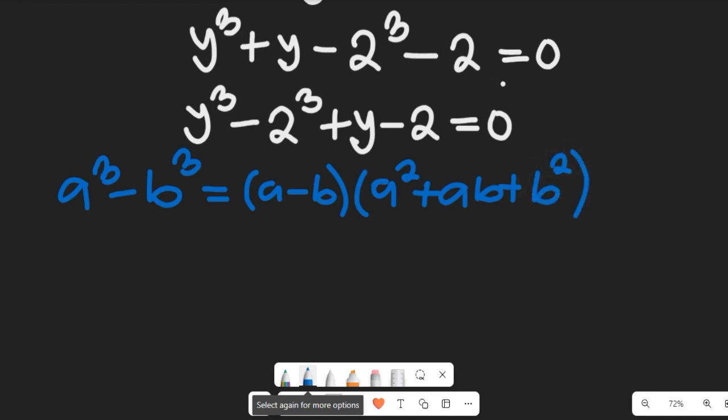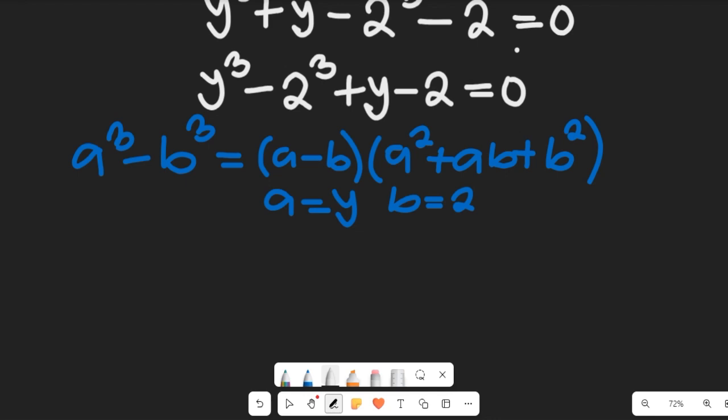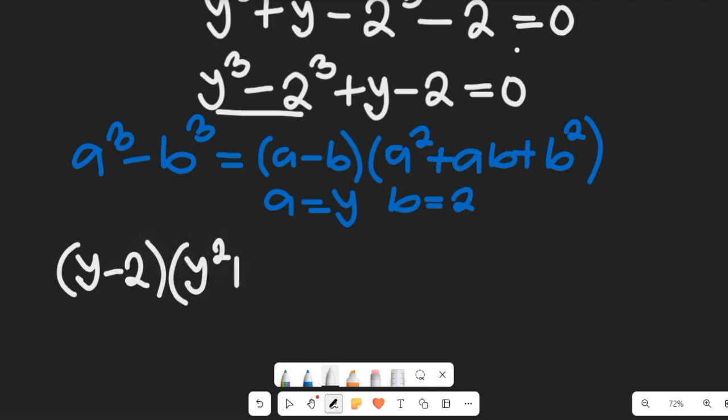Now if I compare this with this expression, we find out that my a is equal to y, and then my b is equal to 2. So if we apply this in the expansion, that expansion is now going to give us y minus 2, multiplied by y square plus 2y plus 2 square, and that is for this.